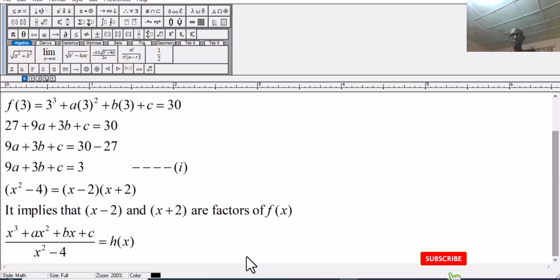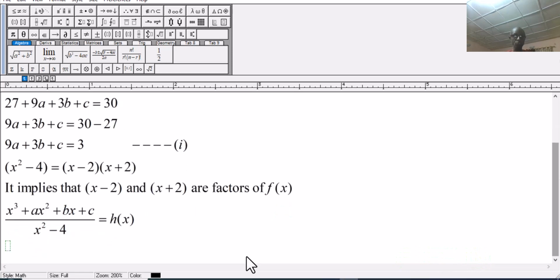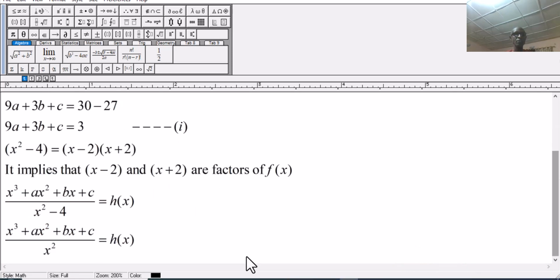So our remainder in this case is 0. So what it means is this. I'm trying my best so that you understand what I'm trying to do. What it means is this. x minus 2 and x plus 2 will still give us h of x. So it means that x minus 2 is a factor of this function, and x plus 2 is a factor of this function.